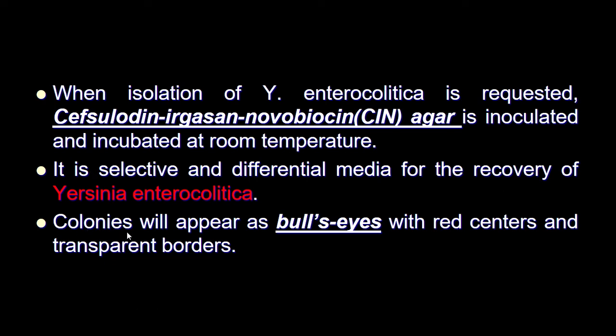The colonies will appear as bull's eyes, like the eye of a bull, with red centers and transparent borders. So the borders will be transparent, and in the middle you have red dots almost. This is selective for the Yersinia.